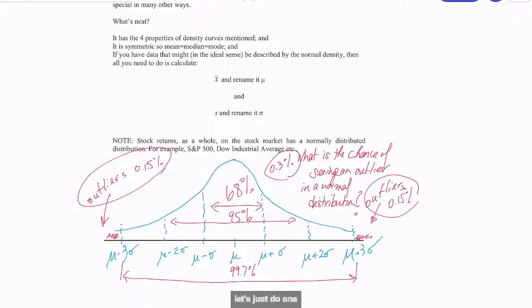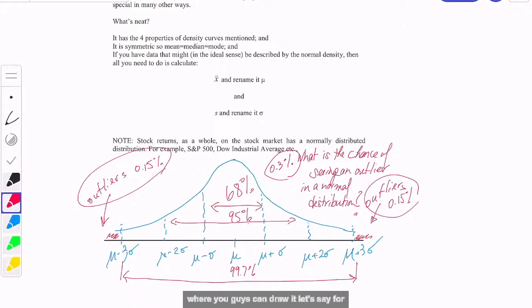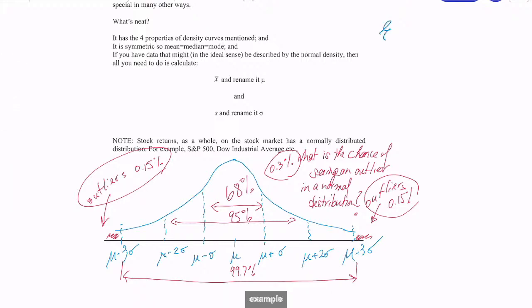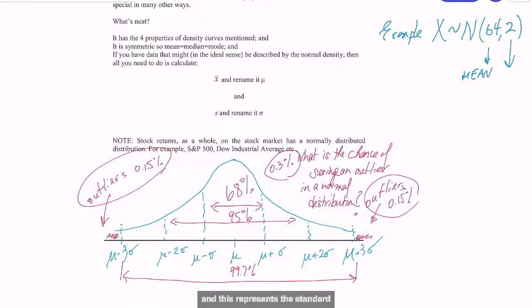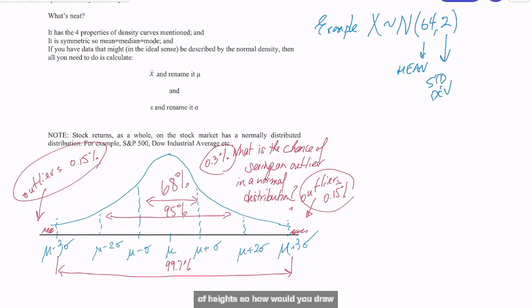Let's just do one where you guys can draw it. Let's say, for example, let's say it was the height that we care about. We write x is normal with a mean of 64 and a standard deviation of 2. So this represents the mean, and this represents the standard deviation. And the way I've written it, these are the parameters of the population of heights.